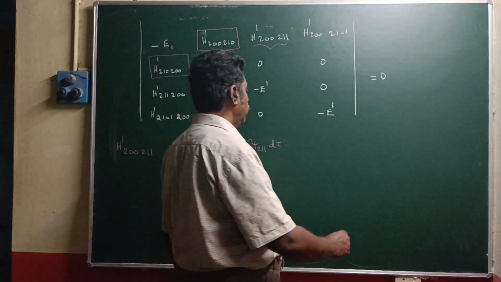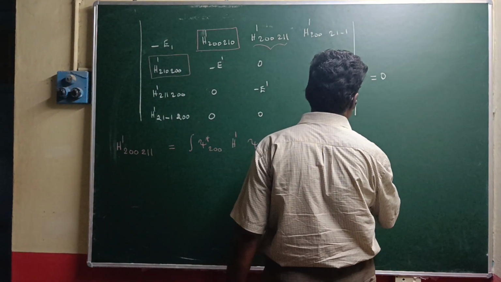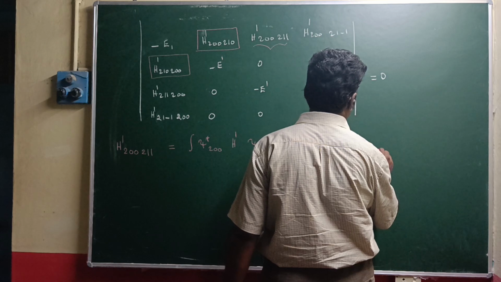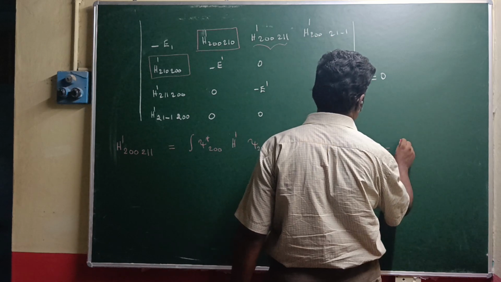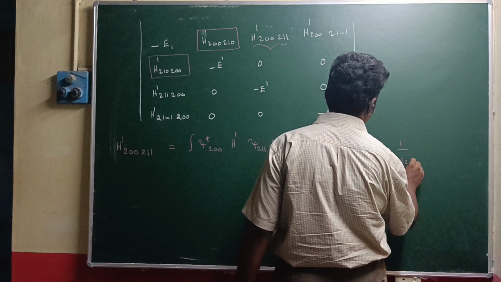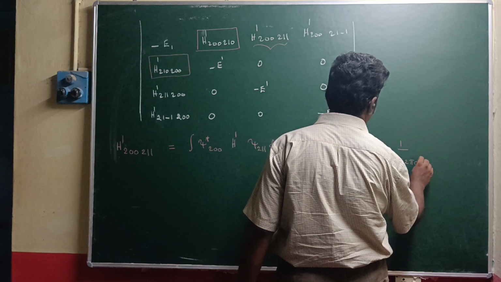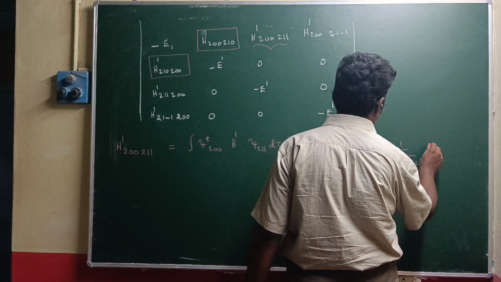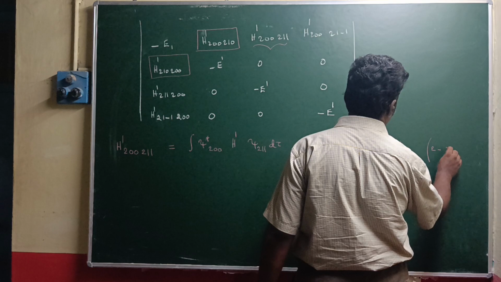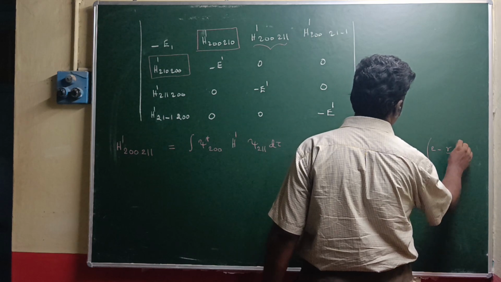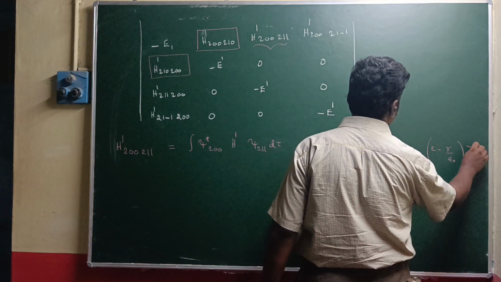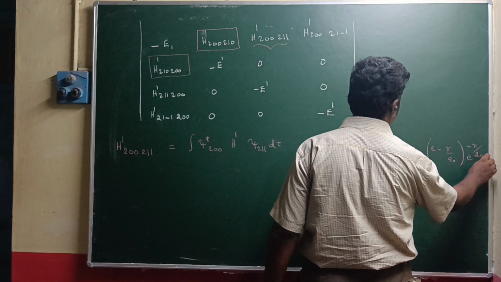Now the value of psi 200 equals 1 by 32 pi a0 cube inside the root, (2 minus r by a0) e power minus r by 2a0.